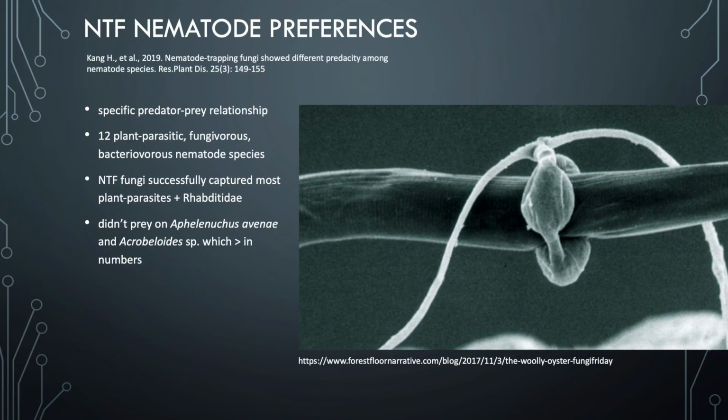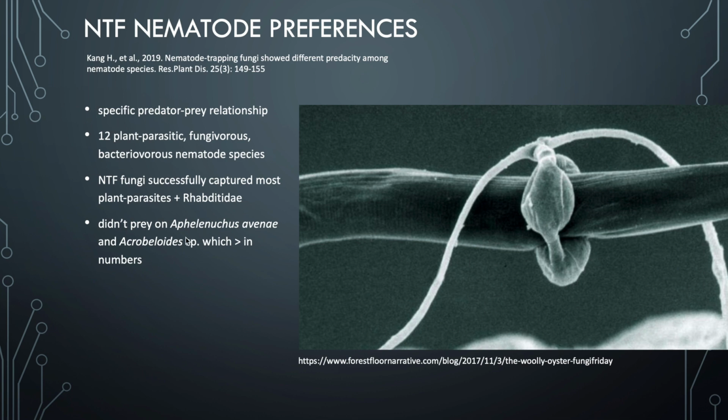So like all creatures, the nematode trapping fungi have their specific food preferences. So there is a specific predator-prey relationship that is involved. And in this particular study, 12 plant parasitic, fungivorous, and bacterivorous nematode species were subjected to various species of nematode trapping fungi, which successfully captured most of the plant parasites, as well as nematodes in the family Rhabditidae.